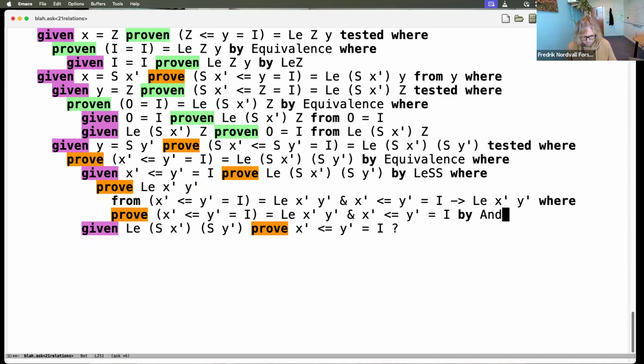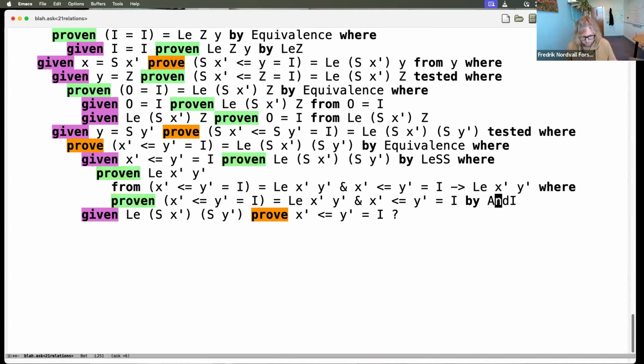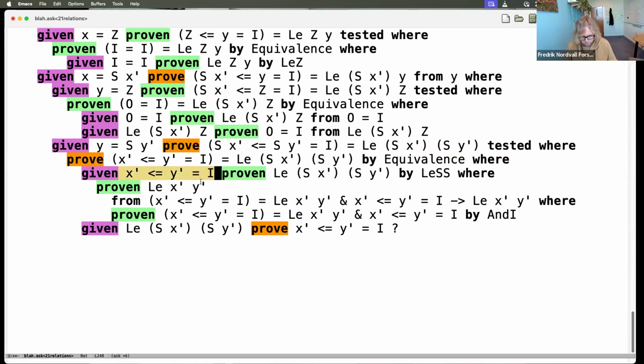And I do that by and introduction. And one of them is given inductively, and one of them was sitting right there. Okay, so this thing here is the induction hypothesis, and this is the thing we were given in the equivalence.